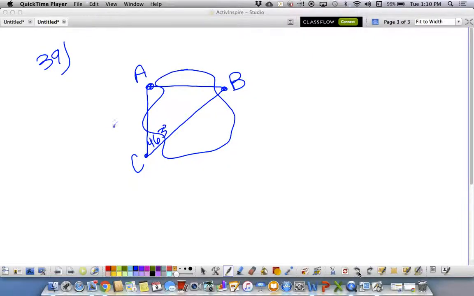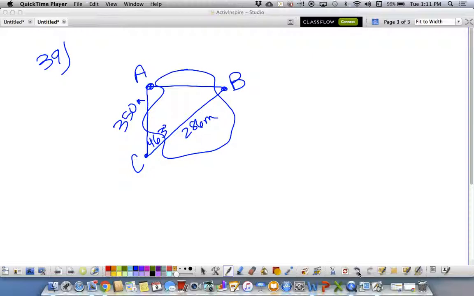It's 350 meters long. We know that B to C is 286 meters all across. How far is it from A to B?